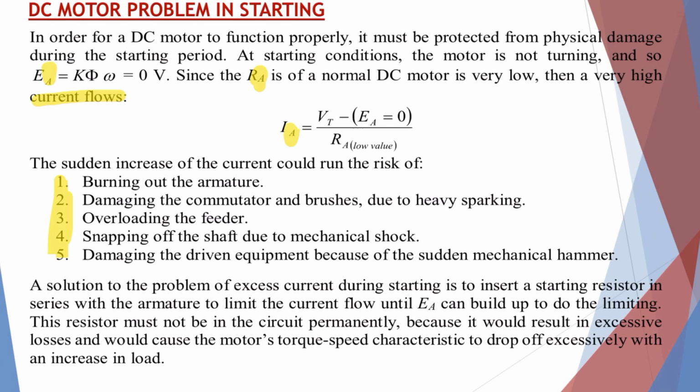So what could be the solution for this high current here, guys? The solution is to insert starting resistors in series with the armature to limit the current flow until EA can build up to the limiting value. These resistors must not be in the circuit permanently, because it would result in excessive losses and would cause the motor's torque-speed characteristics to drop.